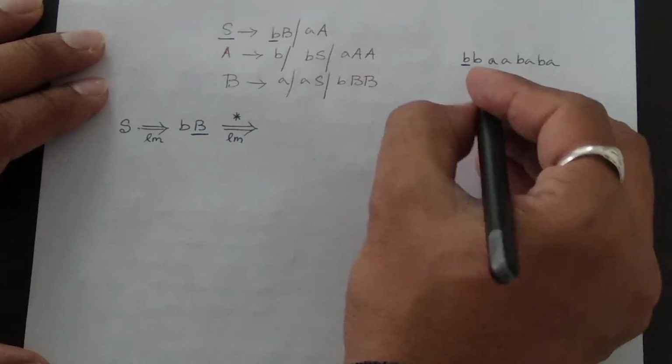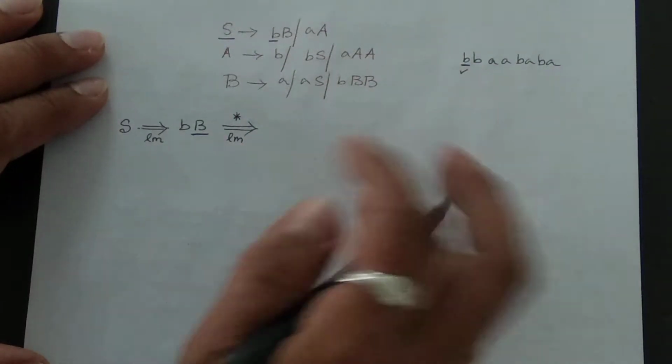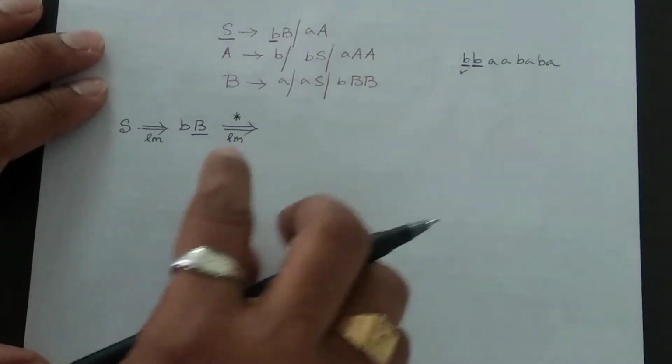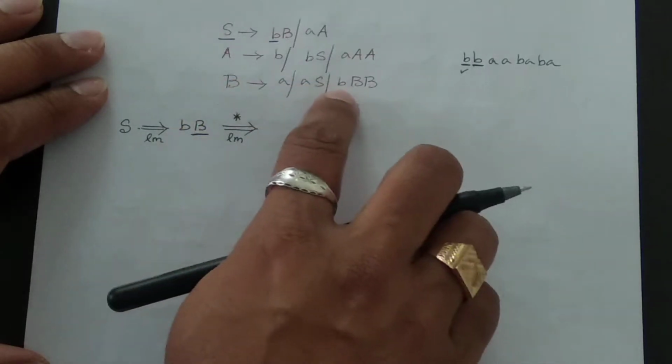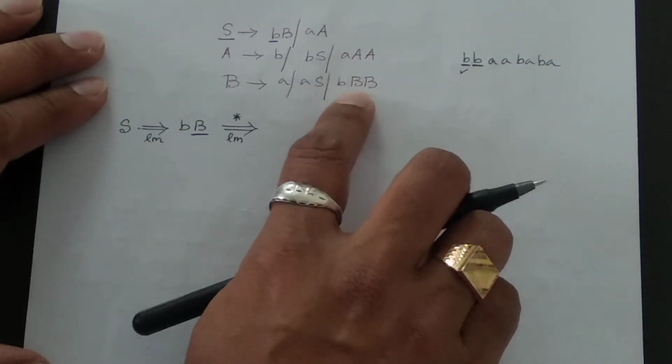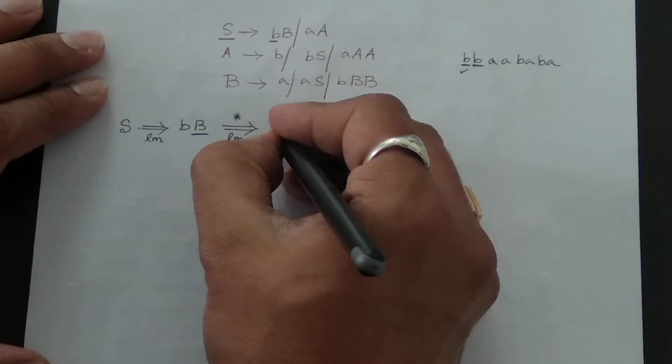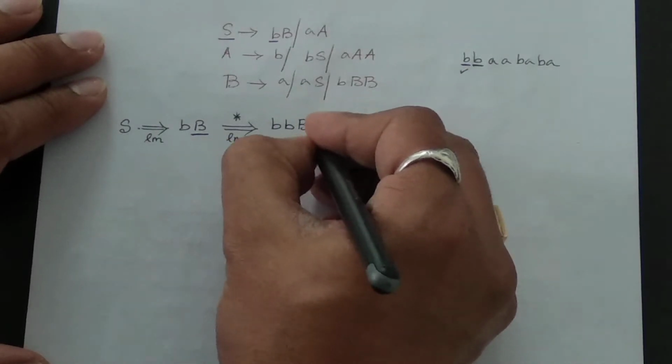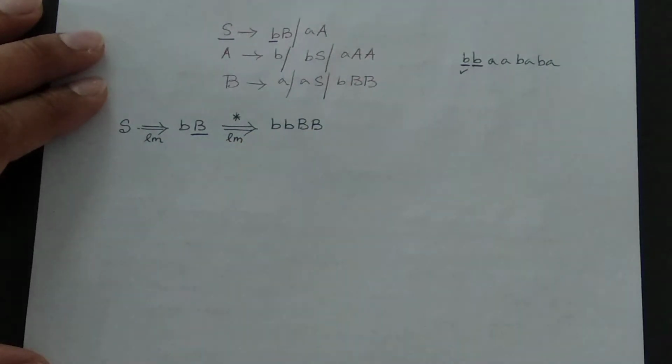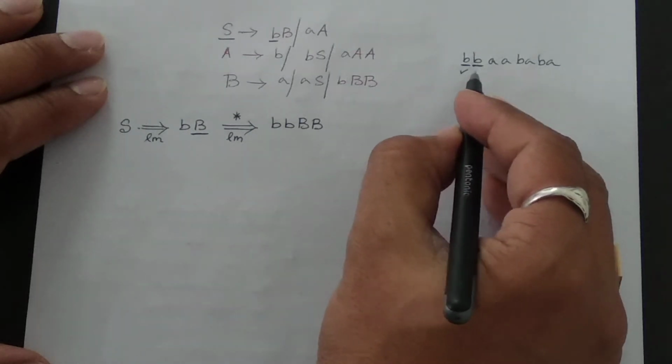Now what is the next symbol? Again b. So for capital letter B, I have to take a production that has small letter b. So this is the production: b, capital B, capital B. Done. Now we are done with these two b's.